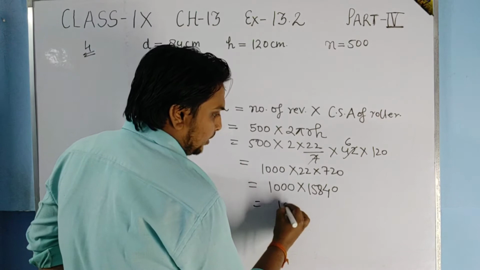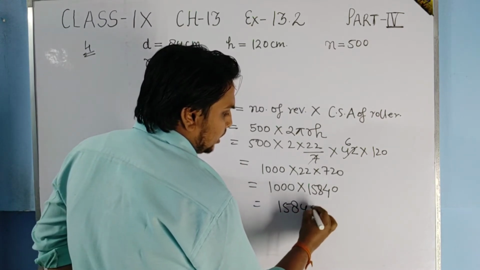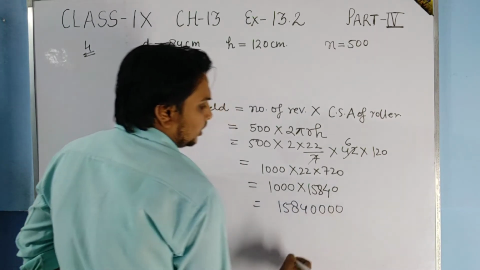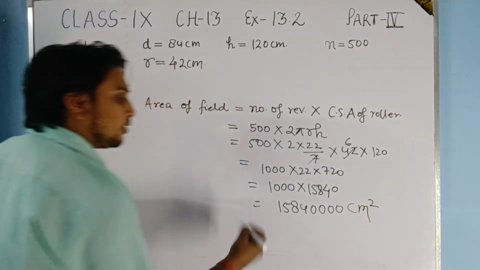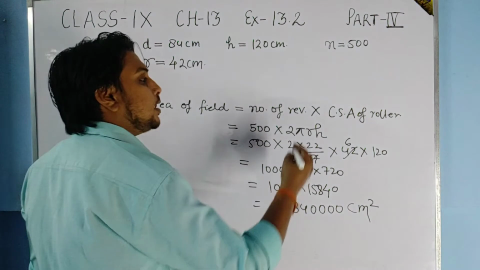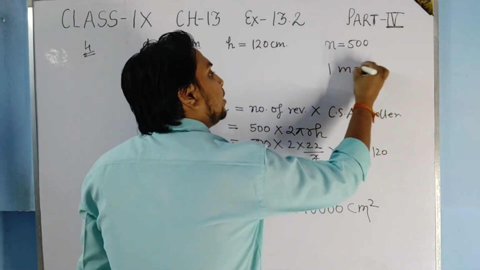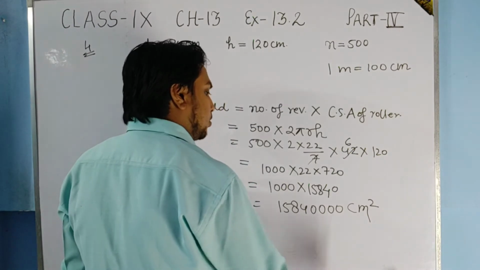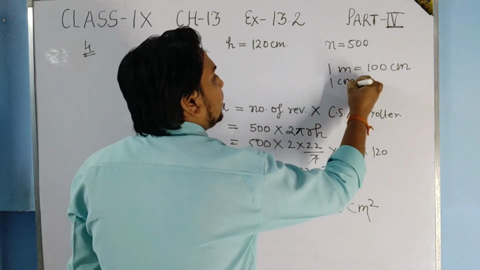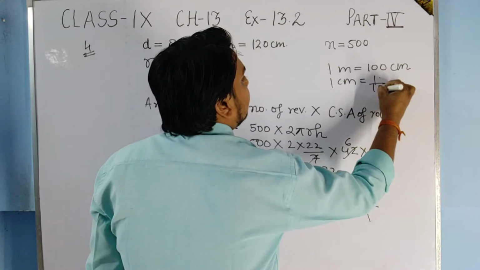So this will be 1584,000. Okay, this is in centimeter square. So if we try to find it in meter square, as I have told you, in 1 meter there are 100 centimeters. So in 1 centimeter there will be 1 upon 100 meter.